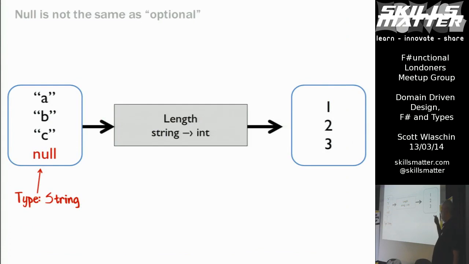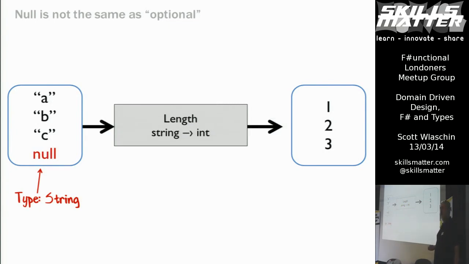Let's say we have this function called length, and it takes a string and returns an int. So it's the length of the string. Very easy. I go along and say, A, how long are you? Well, I'm 1 long. And I talk to B and I talk to C, and I talk to null and I say, how long are you? And it gives an evil cackle and crashes my program with a null reference exception, because it's not a string.